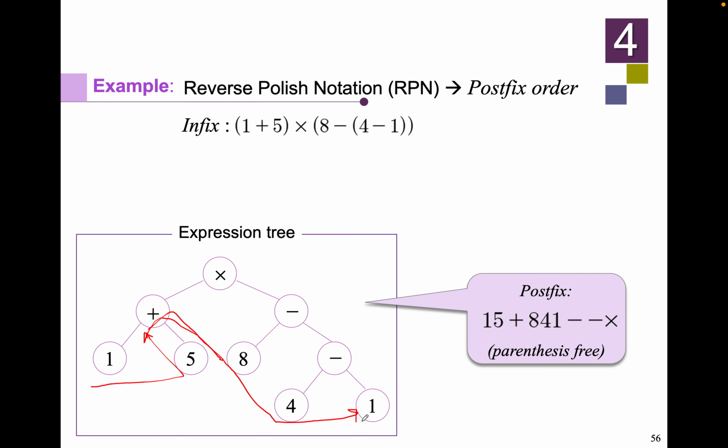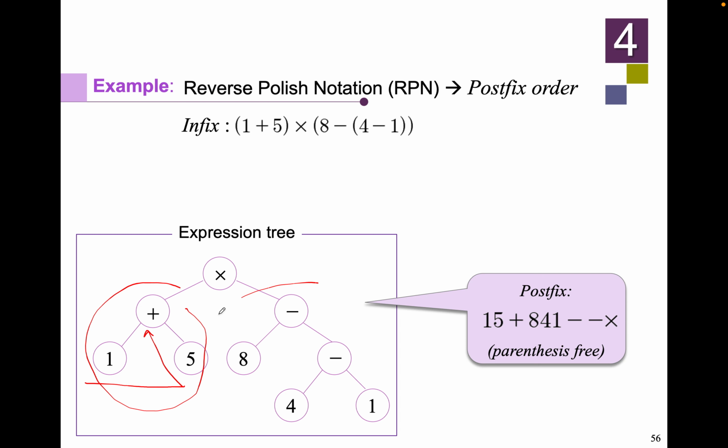You can see again from left, left. This is another child there. Left, right, parent. Finish this part, and then you're going to start with another one. Left, right, parent.